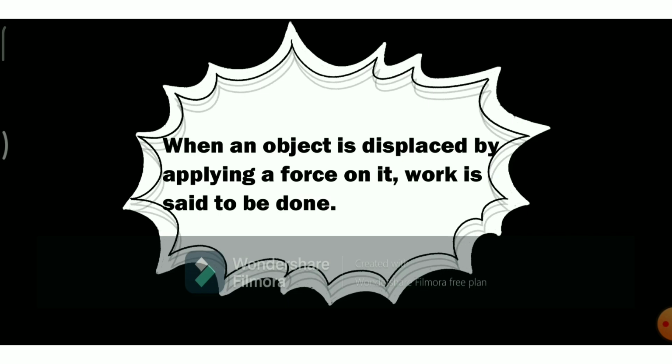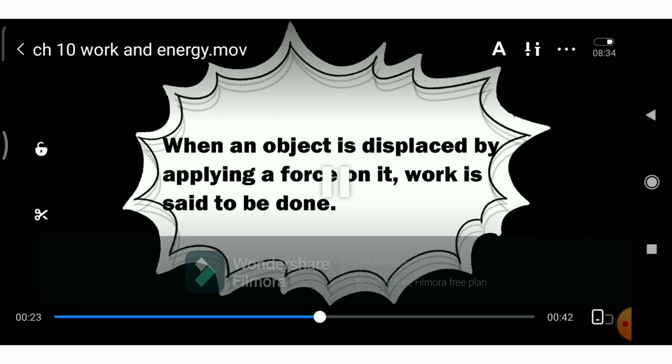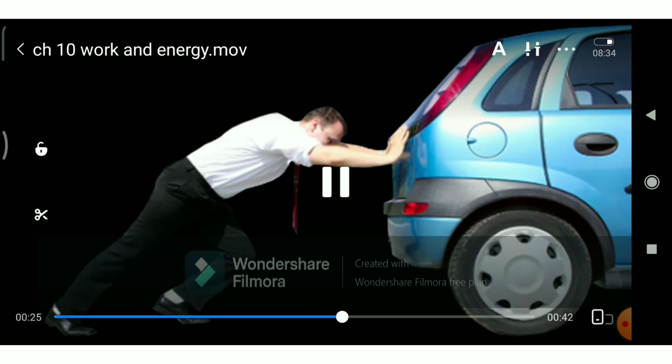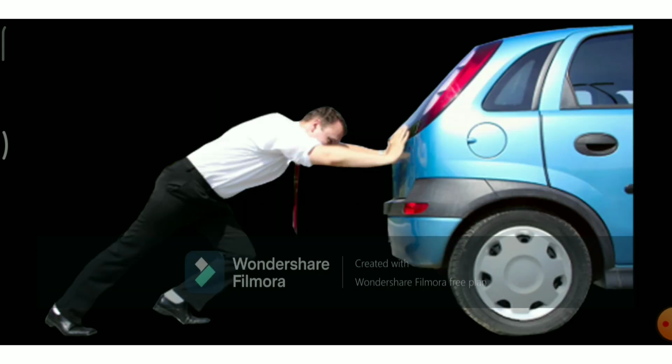Next we move on to another important thing that we are going to learn here, that is energy. What is this energy and how is it related to work? If you look at this picture, the person is trying to push a car. So the car is the object. He is applying force on that object.